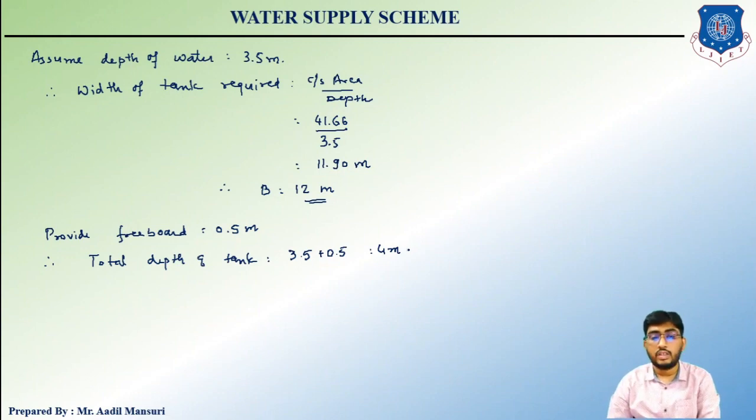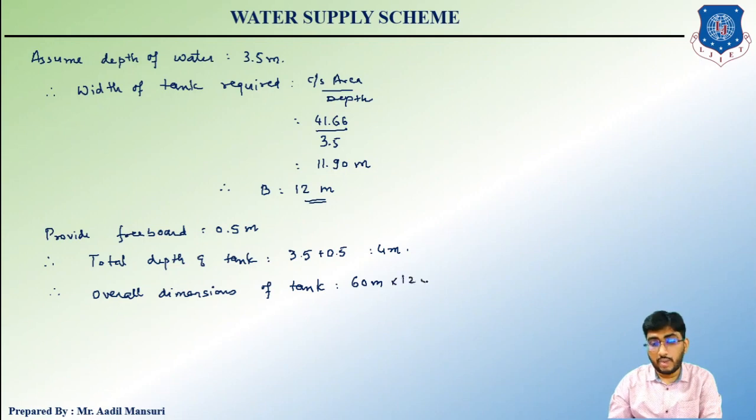Okay, clear? So now what will be the overall dimensions of the tank? Therefore overall dimensions of tank will be equal to 60 meter by 12 meter by 4 meter. Okay, clear?